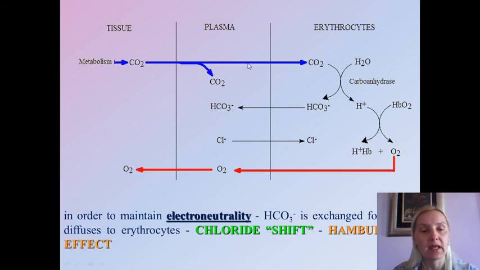One more thing, in order to maintain electroneutrality, bicarbonate ions are exchanged for chloride ions. So chloride ions diffuse into erythrocytes, and this is known as the chloride shift or Hamburger effect.